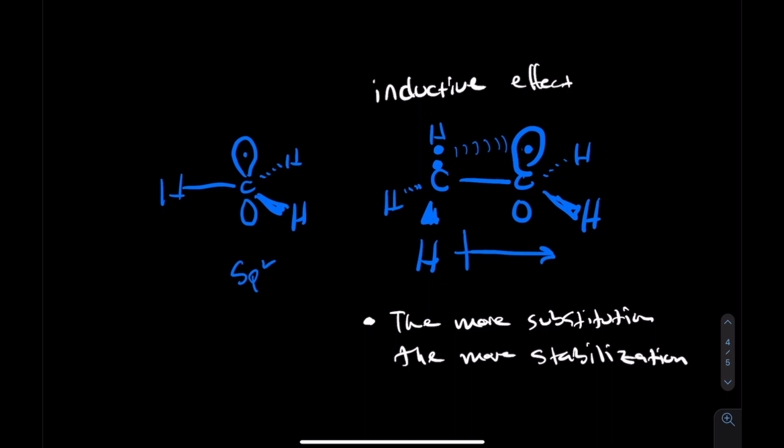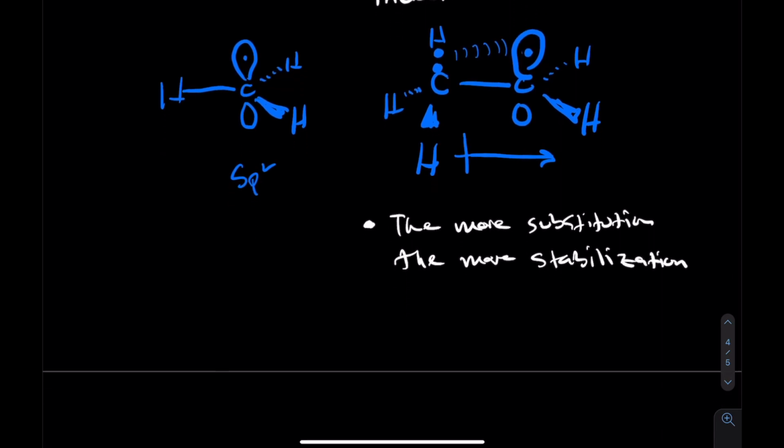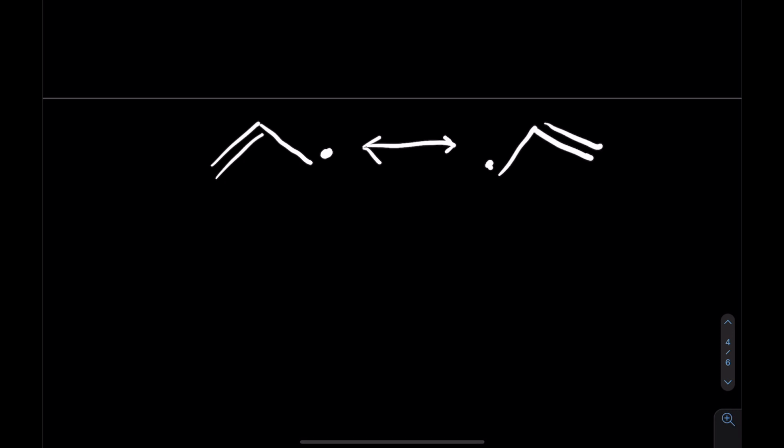Okay? Another way to stabilize radicals, as you can imagine, just like you stabilize carbanions and carbocations, is through resonance. So in order to do resonance, of course, you need to have a pi system. And if you have a radical here, you can draw a resonance structure that looks like this, where now you have the radical on that carbon, and that goes here. And you can even draw the arrow pushing to get you there.